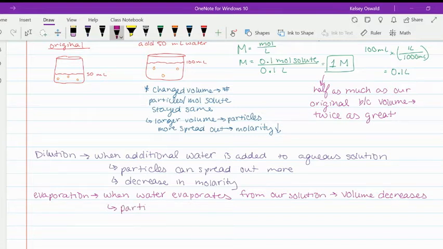Our particles are going to come closer together. And if those particles of solute come closer together, that's going to cause an increase in our concentration. So for each specific area, we're going to have more particles packed together.